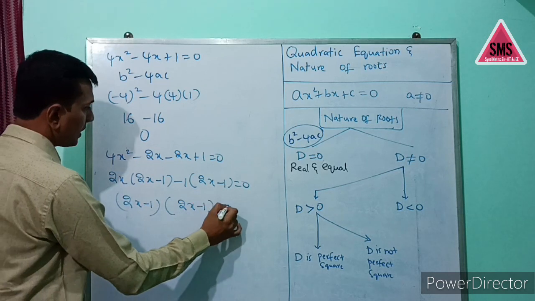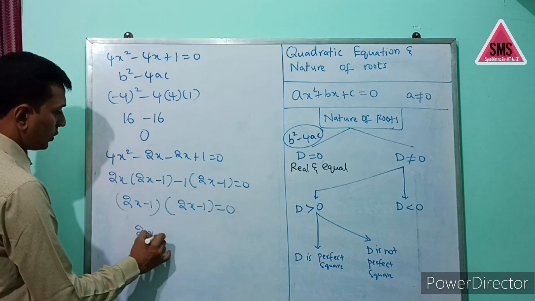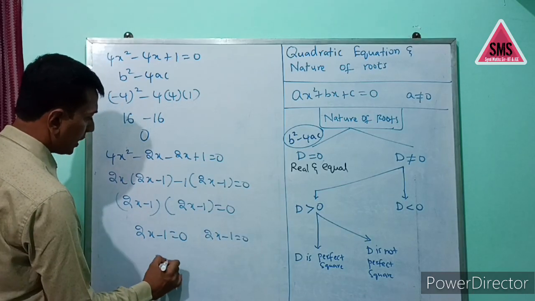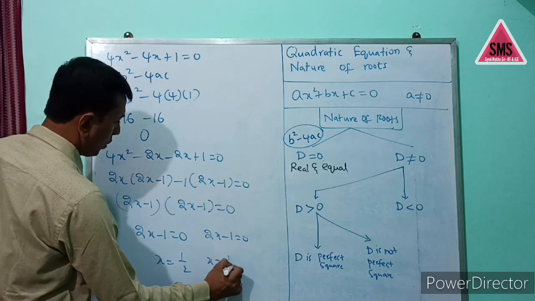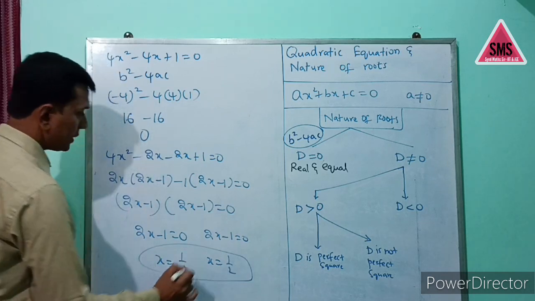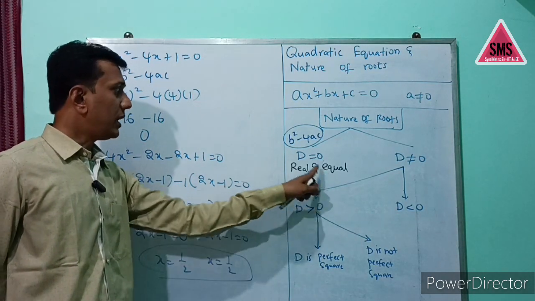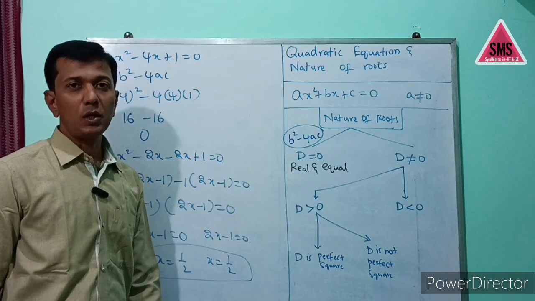We are left with 2x minus 1. That means 2x minus 1 equals 0, so x is equal to 1 by 2 and 1 by 2. So we are going to get two equal roots whenever the discriminant is equal to 0.